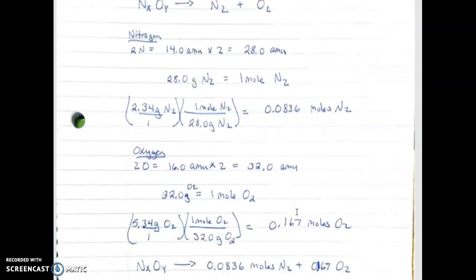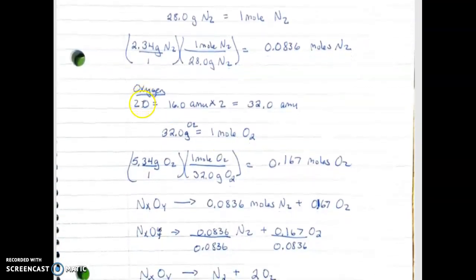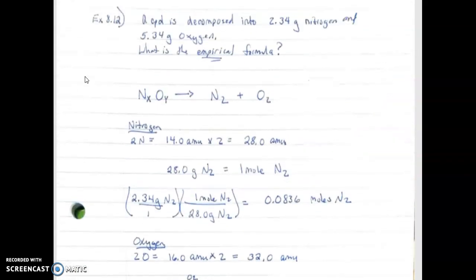So then I will do the same thing for oxygen. One oxygen atom has a mass of 16.0 AMU. Since I have two, I will multiply that number by 2, and so the mass of O2 is 32.0 AMU. So in a 32.0 gram mass of oxygen, I have 1 mole of oxygen molecules. So I take my original amount up here.